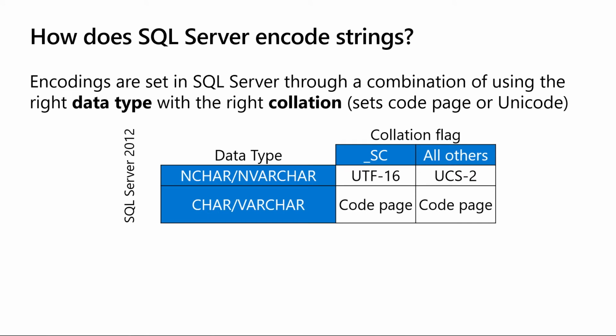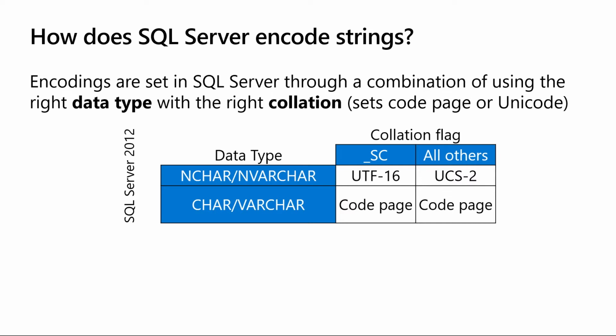Up until SQL Server 2012, like I said, all that SQL Server could encode in string data types was at most UCS2, so the first 65,536 characters of the entire Unicode repertoire. Encoding in strings in SQL Server is a mix of using the right collation with the right data type.